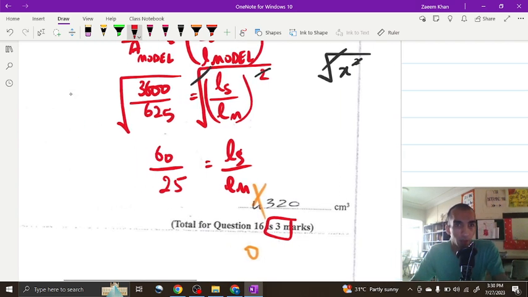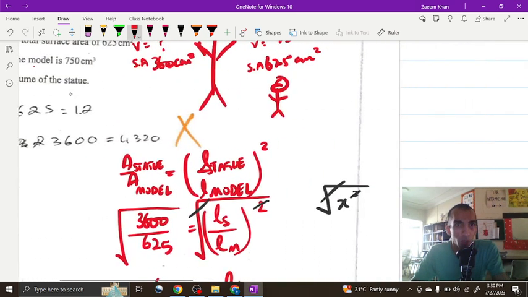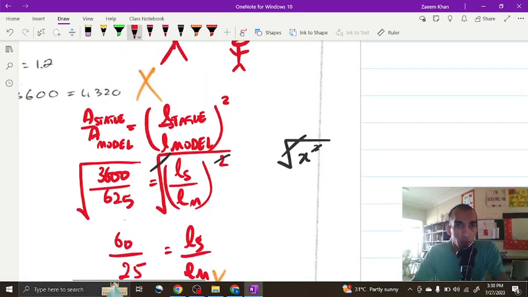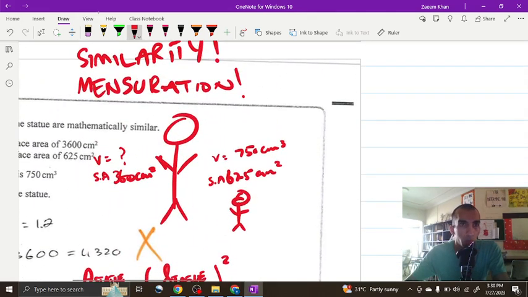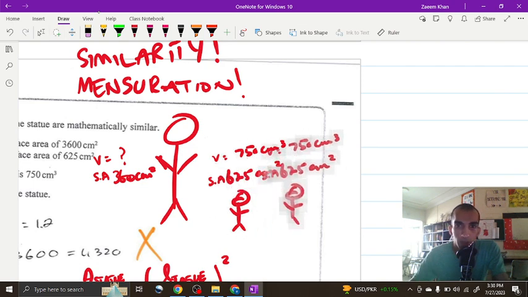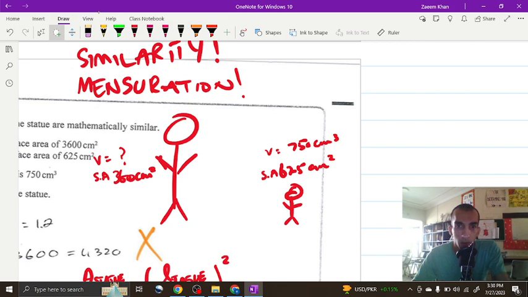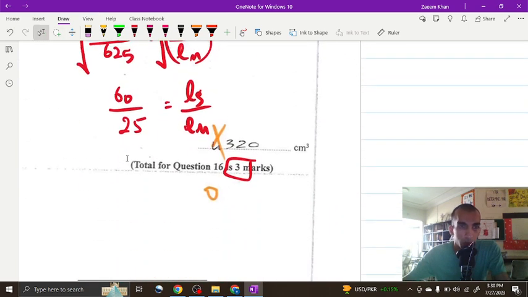Now what did the question say? Work out the volume of the statue. So now we know how much was the length of the first one: 60.